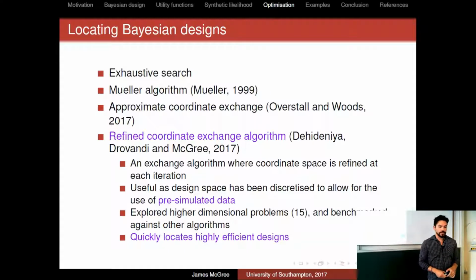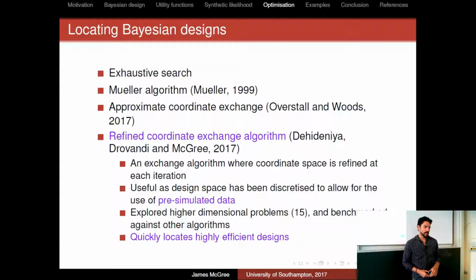Okay? The reason why we used this approach is because we wanted to take advantage of the fact that we've pre-simulated all of our data, so that we could evaluate our utilities in a computationally efficient way. Given we pre-simulated our data, we needed a discrete search algorithm, and we wanted to minimize the number of utility evaluations.